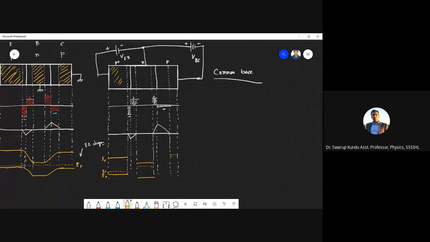So our valence band is here, and the conduction band is somewhere here. You can join these junctions. Okay, this is more or less this. Let me make it a little bit smooth.